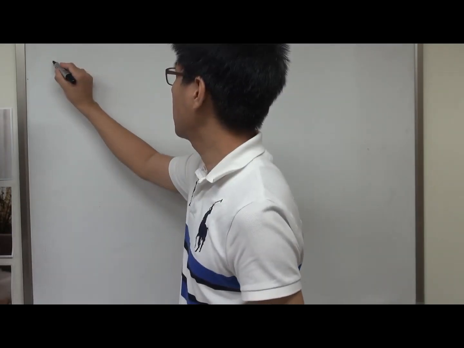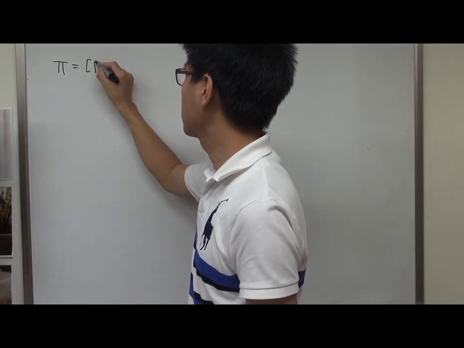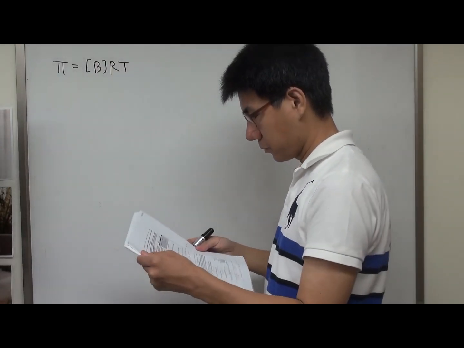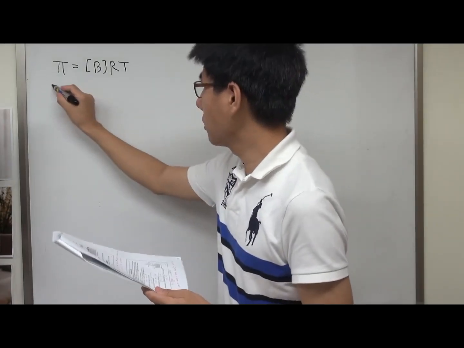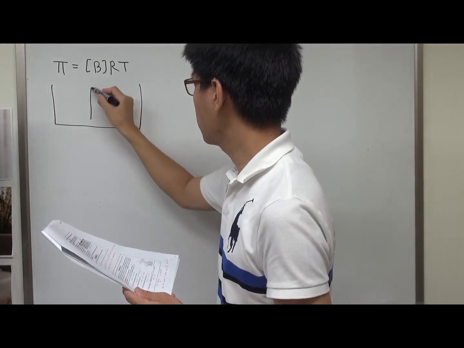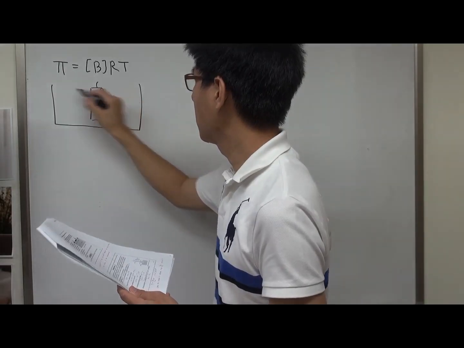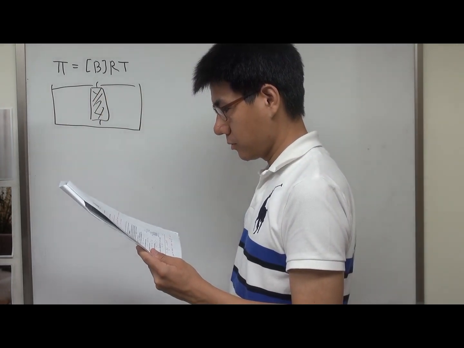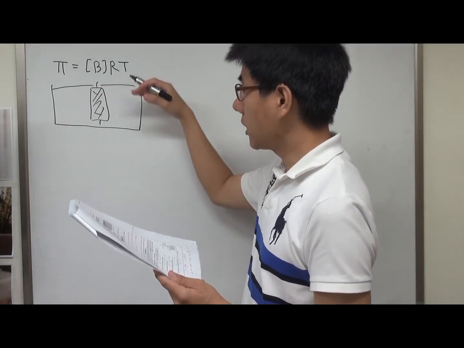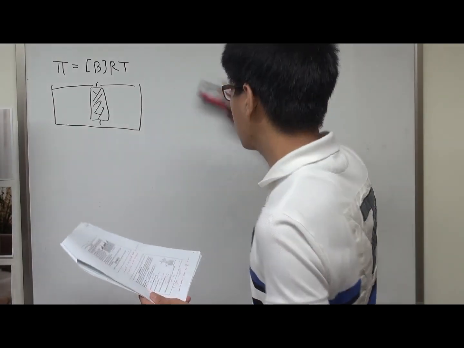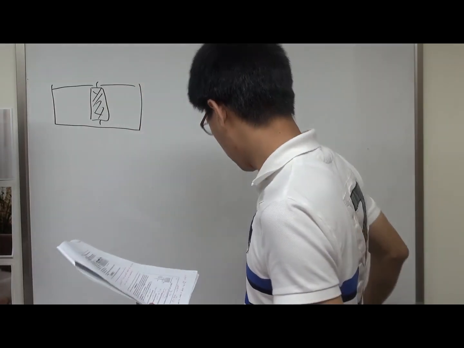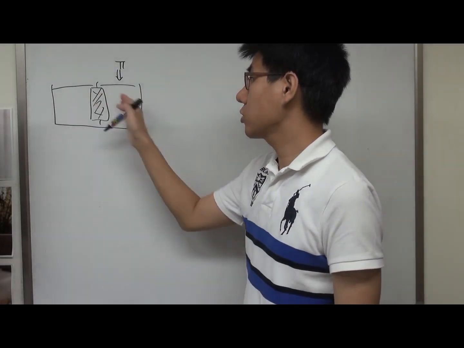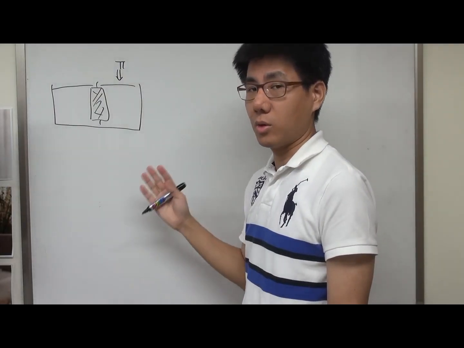Osmotic pressure. We'll derive why pi is equal to B RT. So if you recall the diagram, there is a semi-permeable membrane between two solutions. If you apply osmotic pressure to the solution on the right, here osmotic pressure pi to the right, these two solutions would be in equilibrium at some point, right?